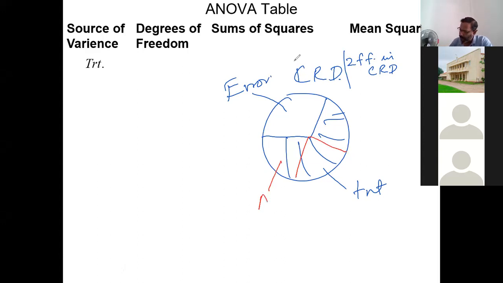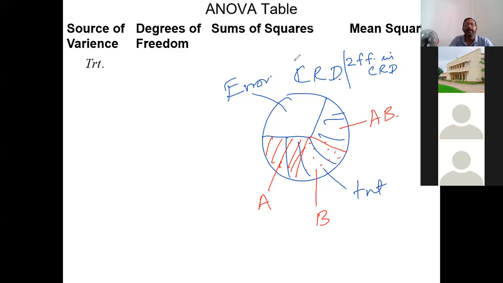One component we say it is due to factor A. The other component, I will just mark it in red color, we call it due to B. The third component is due to AB. By principle, this is what happened.